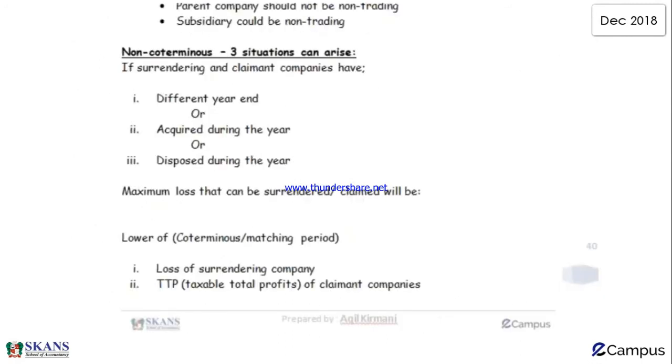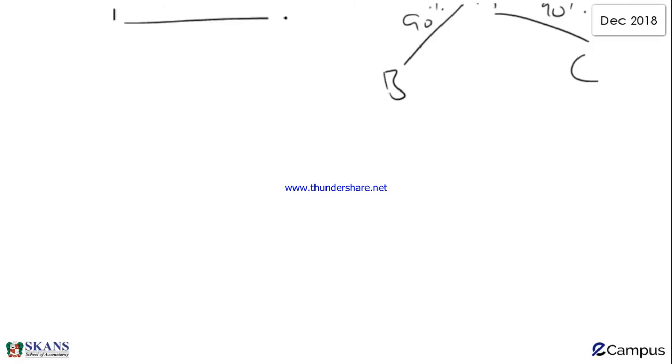Well, another reason why you would be dealing with a non-coterminous scenario could be that A, B, and C all have the same year ends, but we have acquired or disposed of a member during the year. For example, let's say that A Limited had owned B and C Limited 90% shareholding since 2002.